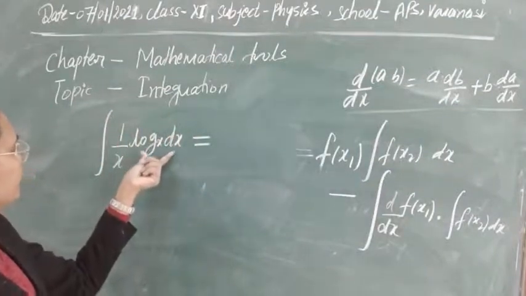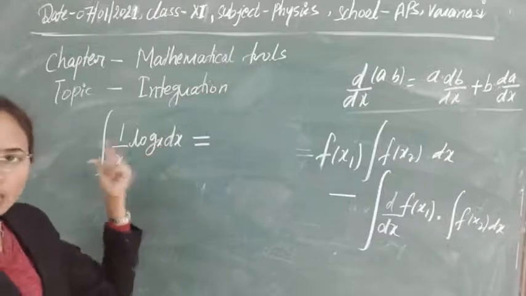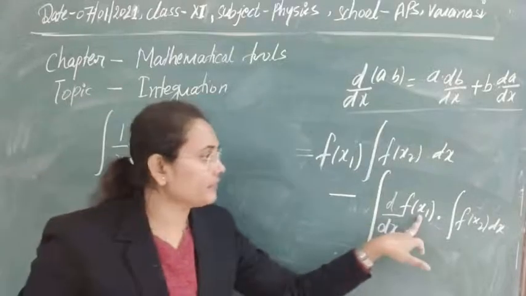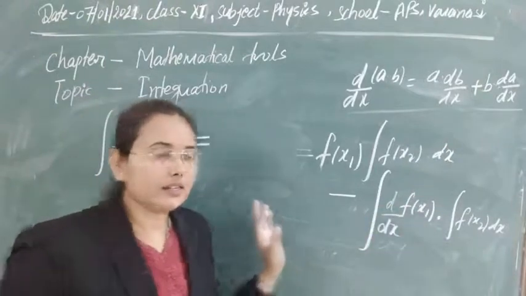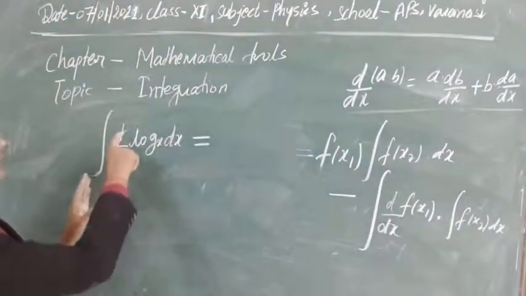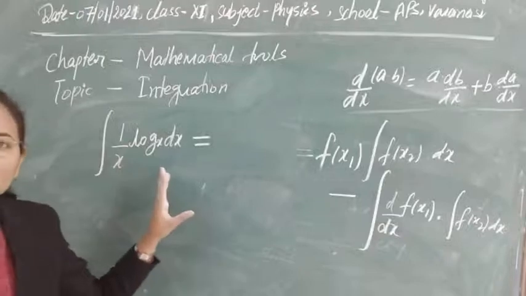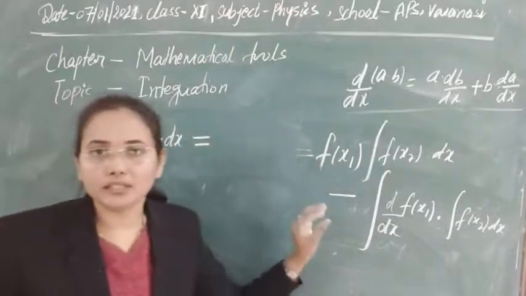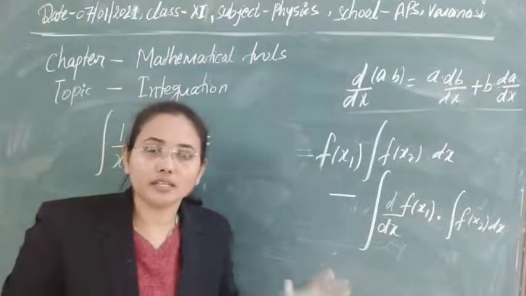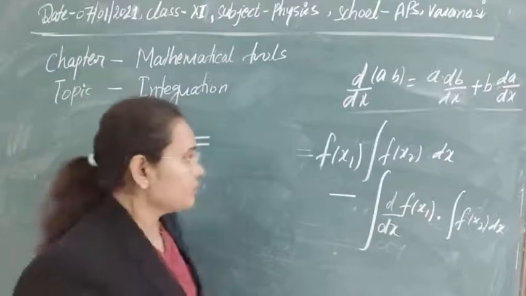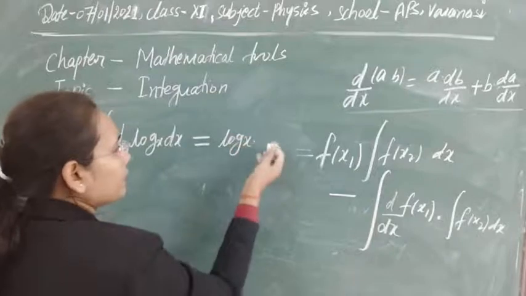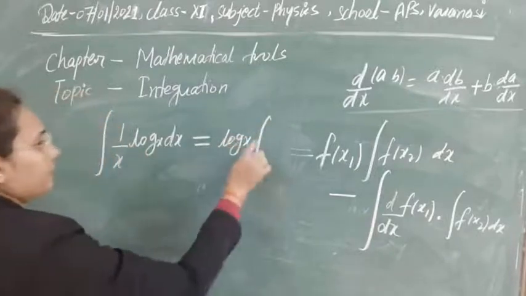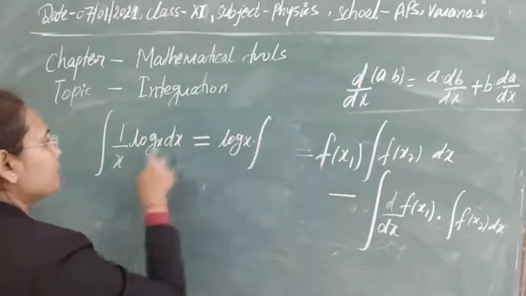In this case, if you take log x outside, or you can also take 1 by x, but first I am taking both of the things, and I will tell you what the difficulty is while taking the other. So suppose I take log x outside as the first function.